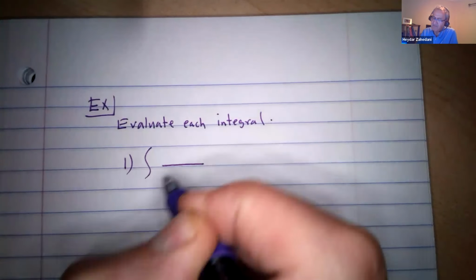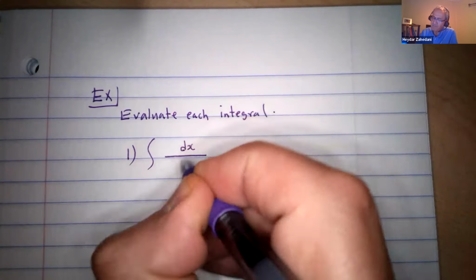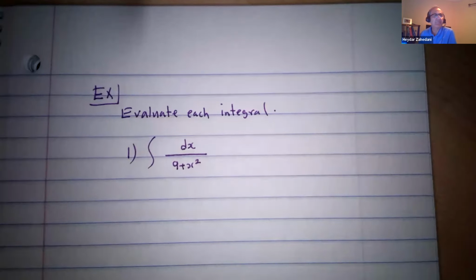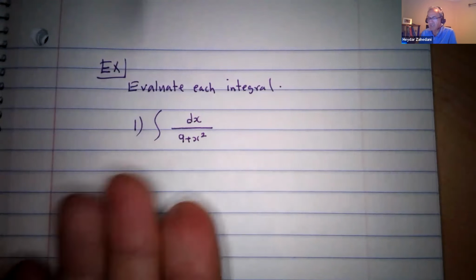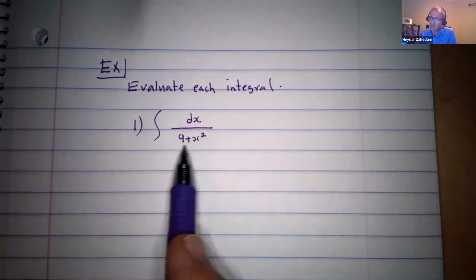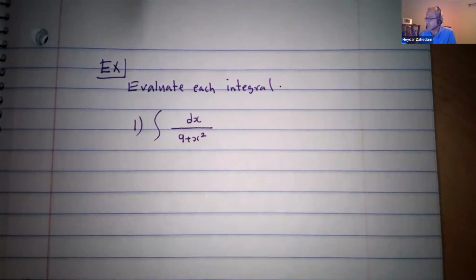Integral of dx on the top, and this is 9 plus x squared. You know that this is of the form of the tangent inverse. It's 1 over a squared plus x squared. Your a squared is 9, and you can use the formula right away.